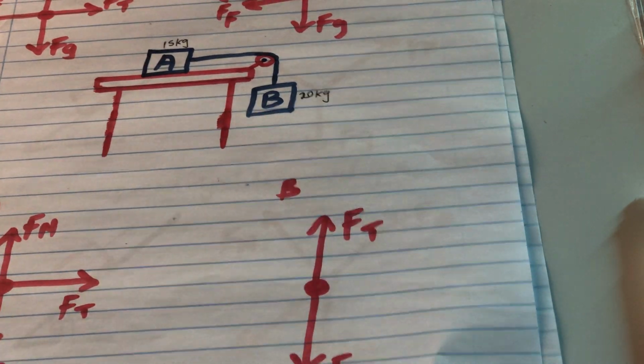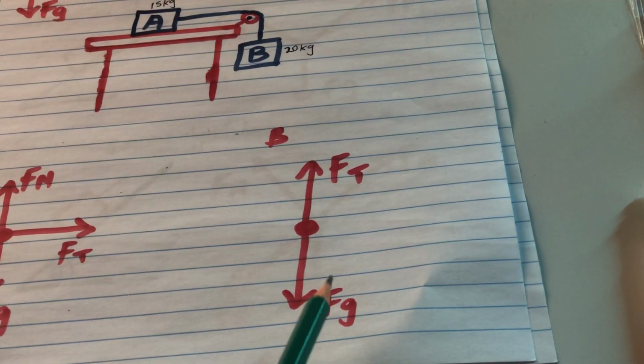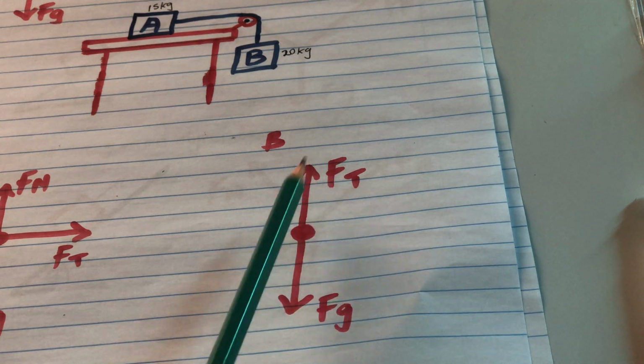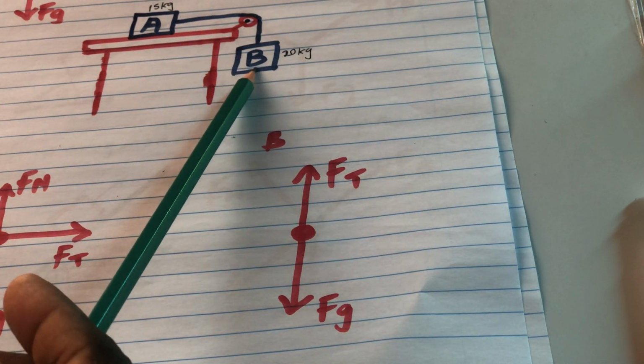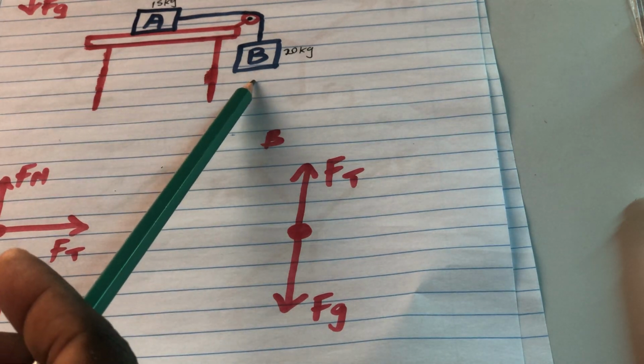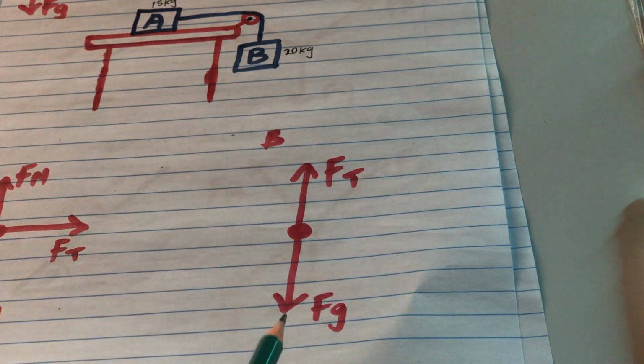And then for B, I've already said that the tensional force will point upward. It will point upward, and then the force which is pointing downwards here will be Fg.